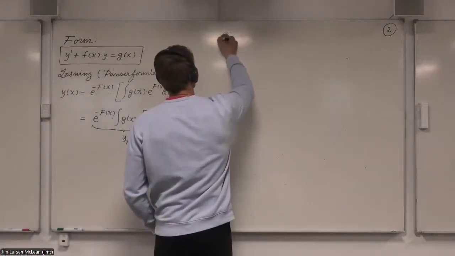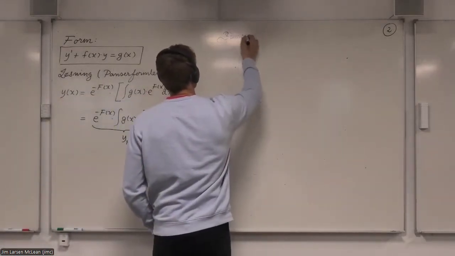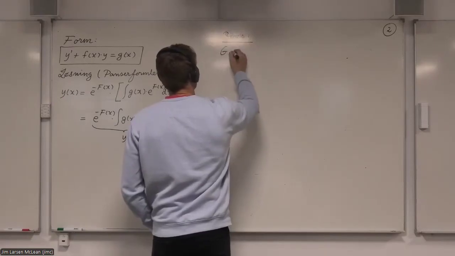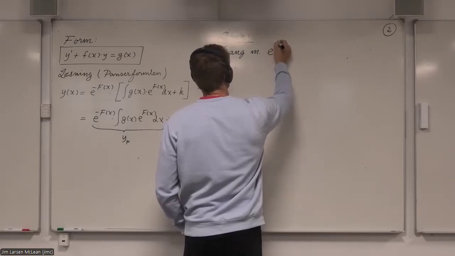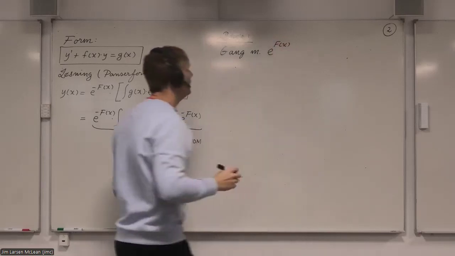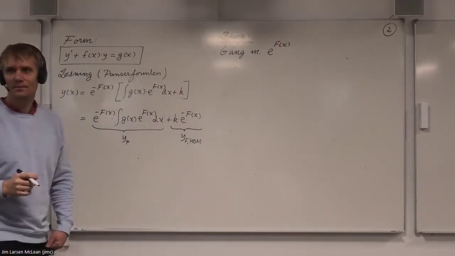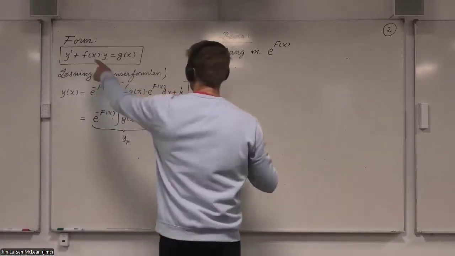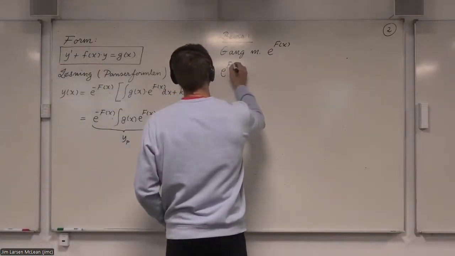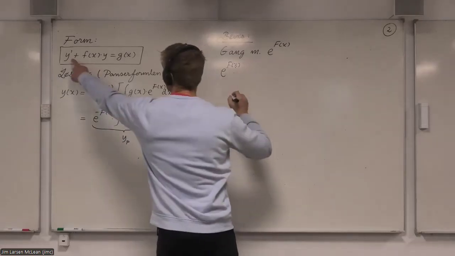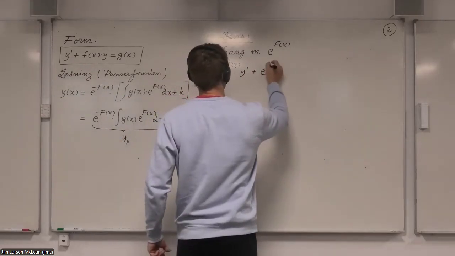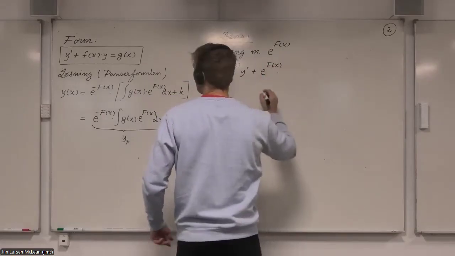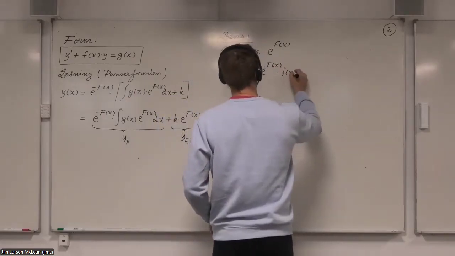Let's quickly repeat the proof again. It is proven to be a smart choice. So if I multiply by the integrating factor, I get the integrating factor times the first term, y prime, plus the integrating factor times the second term, f of x times y.